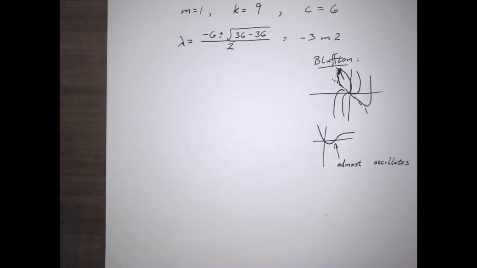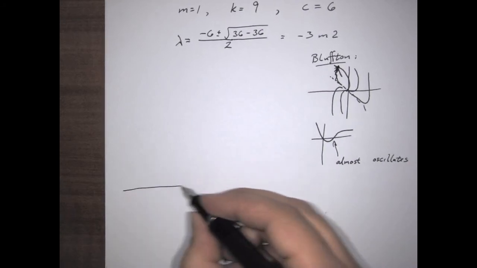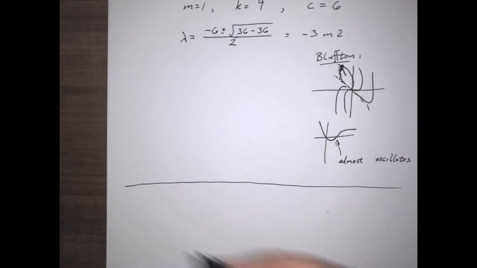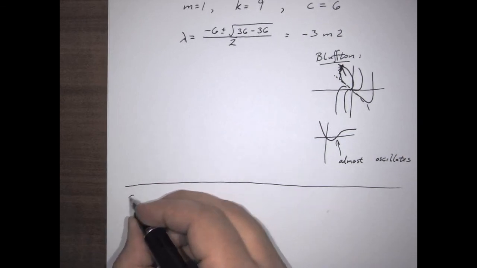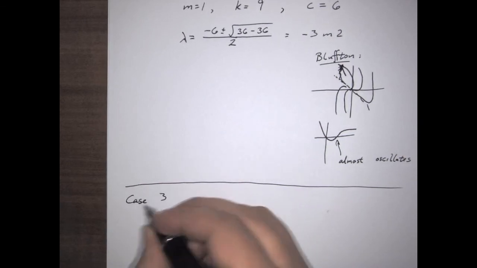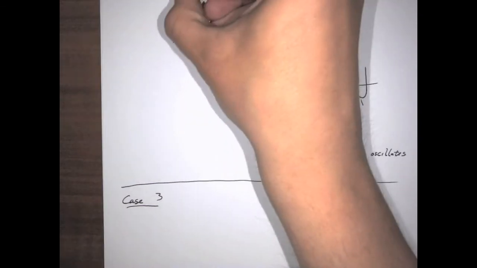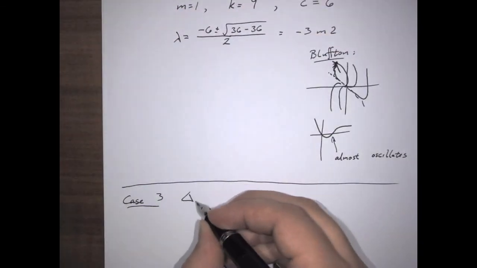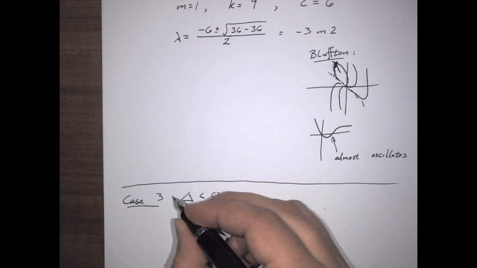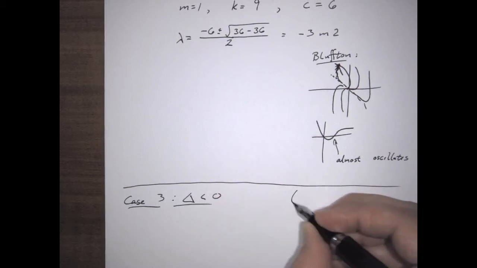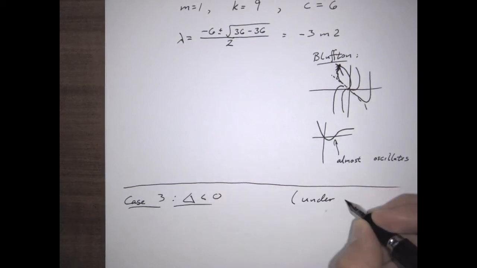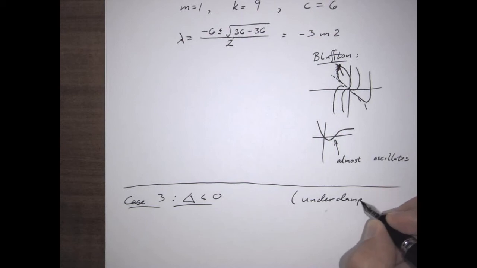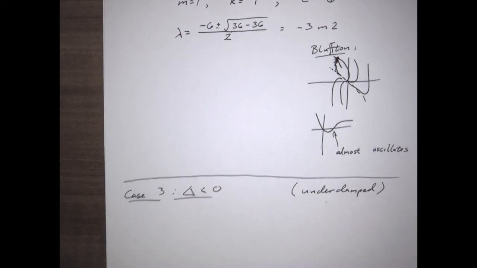And then the last case here is case 3, which is going to be what is called underdamped. So this is if the discriminant is less than 0. This is underdamped.